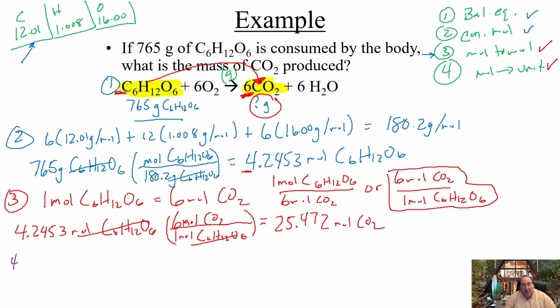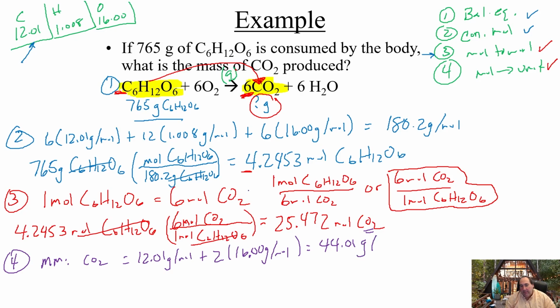To do that, remember, we will need the molar mass of CO2, because we're no longer at the other compound. That would give us 12.01 for the carbon, plus 2 times 16 for the oxygen. It'll give us 44.01 grams per mole.